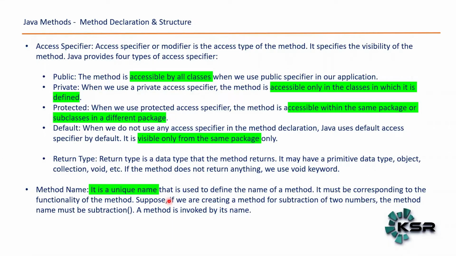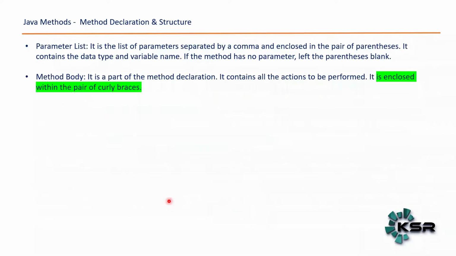And the method name has to be unique. You should not duplicate the same name. For example, if you are adding a sum or interest calculation, you cannot have just interest calculation twice. It has to be interest calculation for savings, for checking, something like that. And then the method body has to open and close with curly braces.